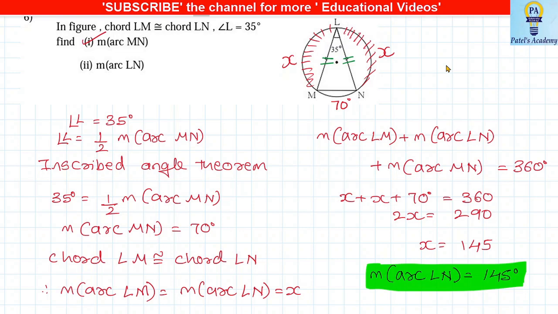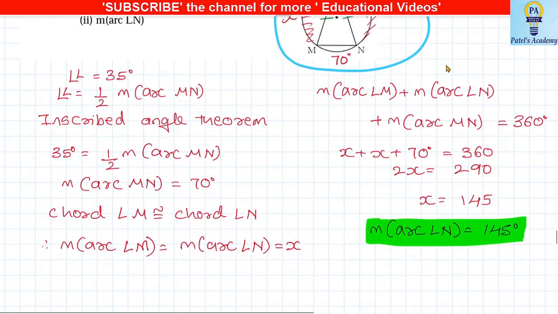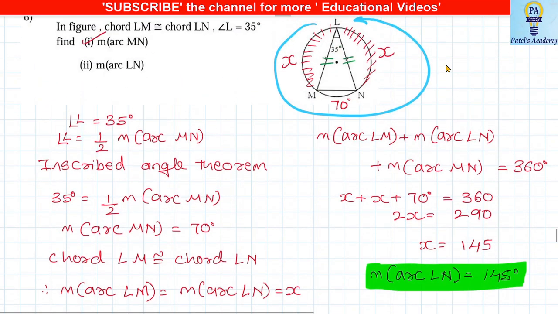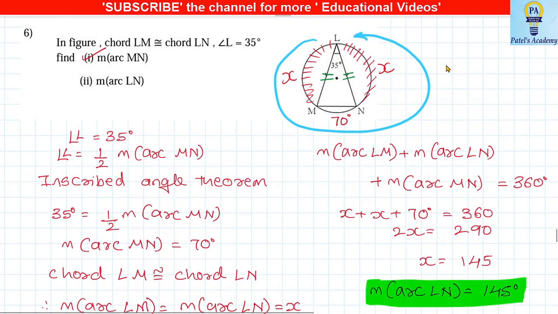The two equal arcs I took as x, and the arc we found is 70. Now we know that the total is always 360 degree. So x plus 70 is 360. That is what I've done on the right hand side. See students, after shifting, I got x as 145 degree. Understand the sum properly.